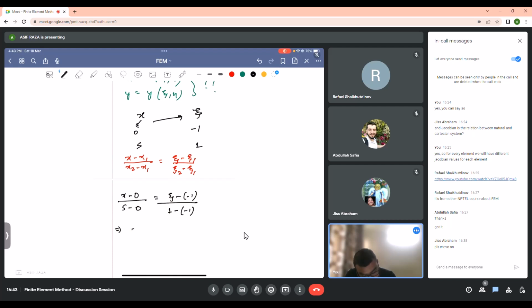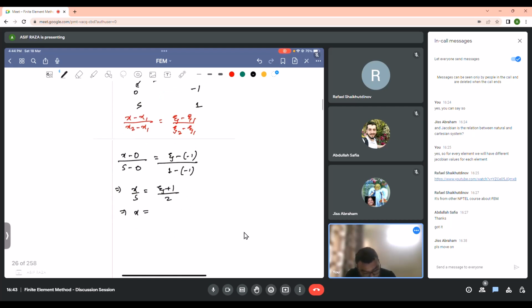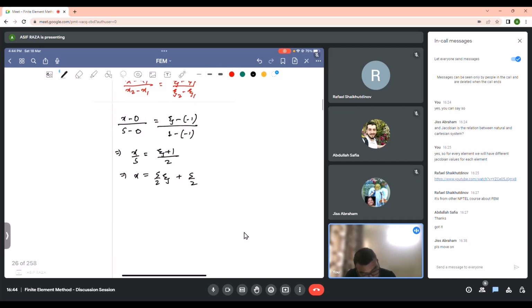So this is x by 5 equal to xi plus 1 by 2, which implies x is equal to 5 by 2 xi plus 5 by 2. So x is equal to 2.5 xi plus 2.5.